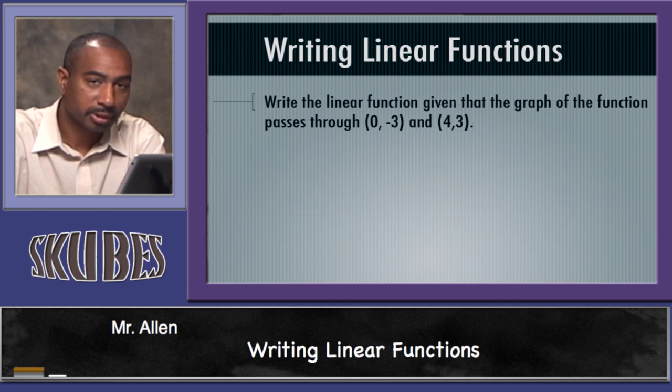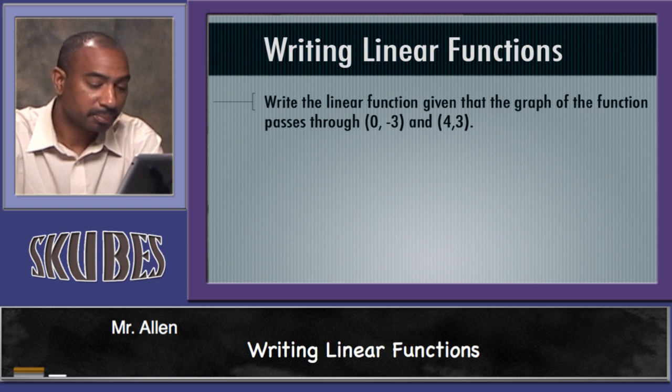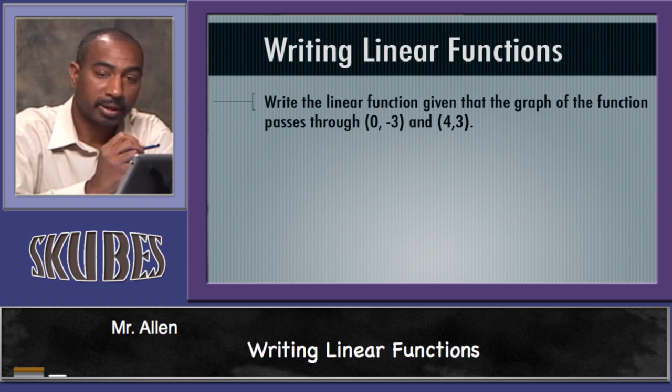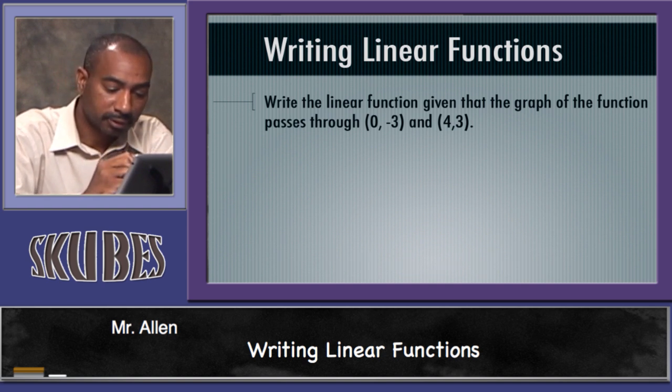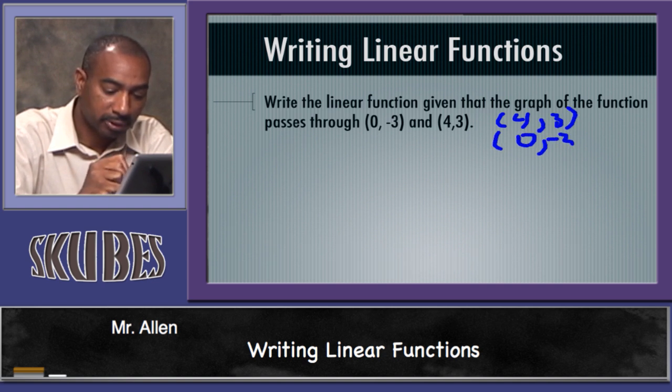Write the linear function given that the graph of the function passes through the points 0, negative 3, and 4, 3. Well, again, we have to get the slope. So let's say I say 4, 3, and I'm subtracting that from 0, negative 3.